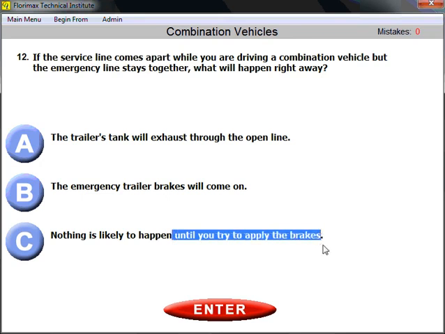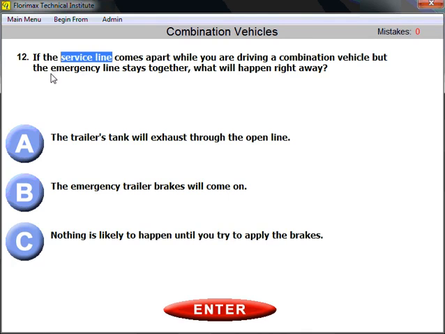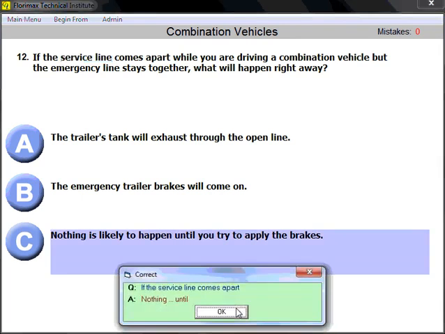The service line is always empty until you apply pressure to it. That's why nothing is likely to happen. Very good.